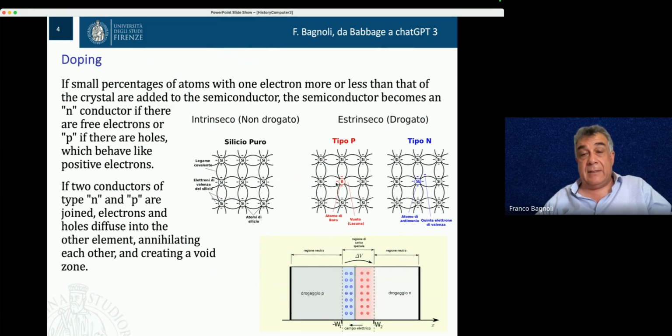In case you have fewer electrons, you have essentially a void, so that another electron can jump here, which is essentially the same as thinking of the gap to jump in the opposite direction. So they are called doped semiconductors of type P, since they have positive charges, which are actually these holes that can travel along the lattice.